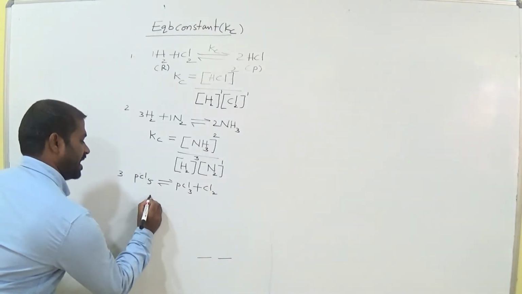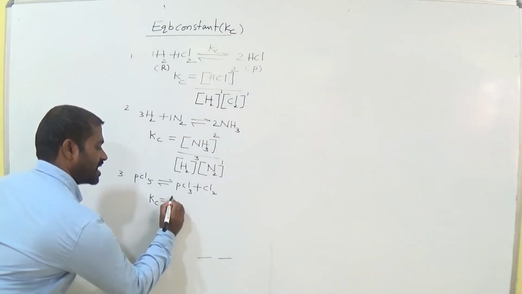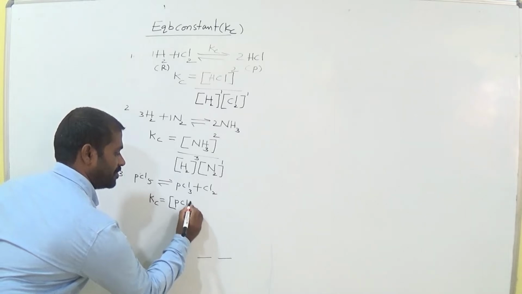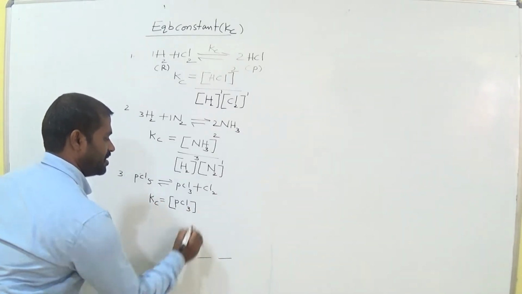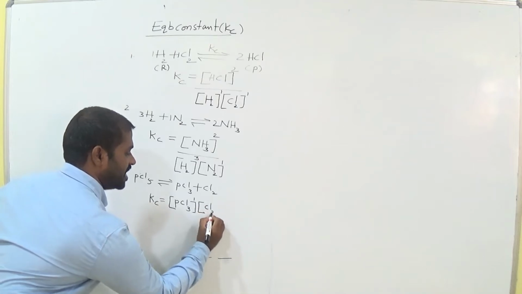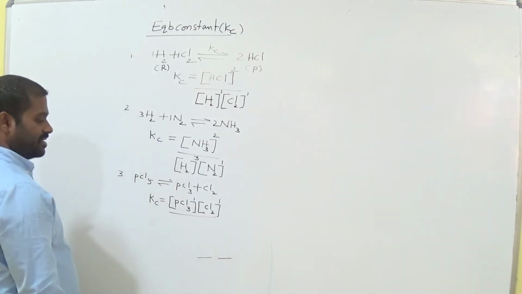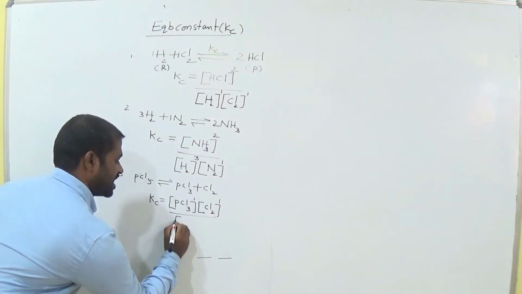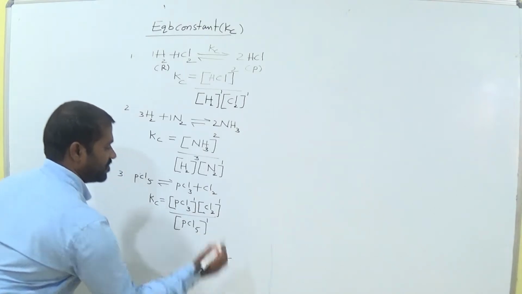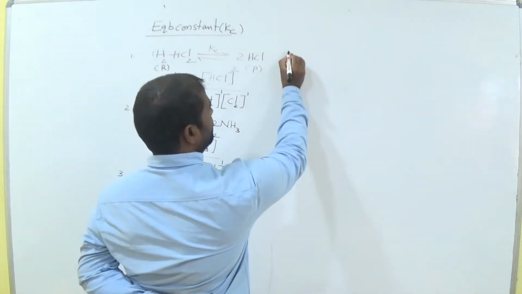Now the expression Kc is equal to the molar concentration of PCl3 power 1, molar concentration of Cl2 power 1, divided by the molar concentration of PCl5 power 1. And come to the fourth example.